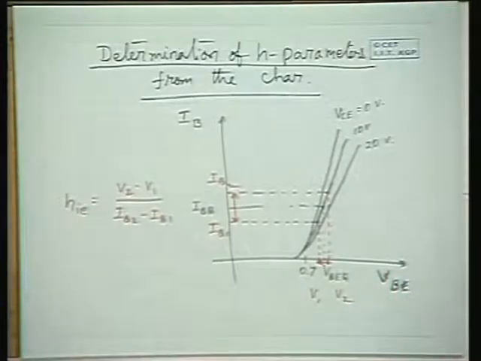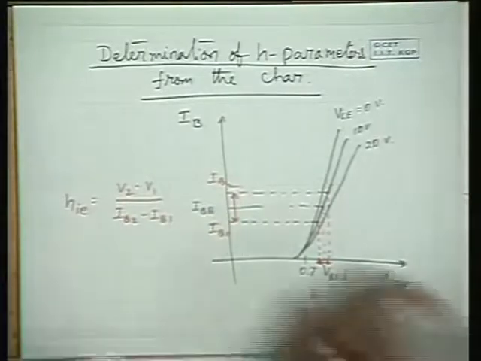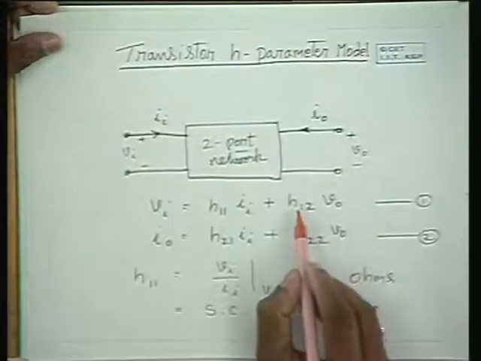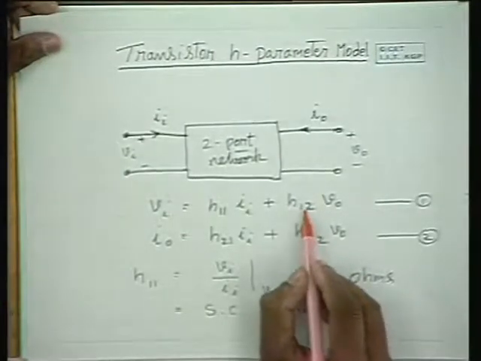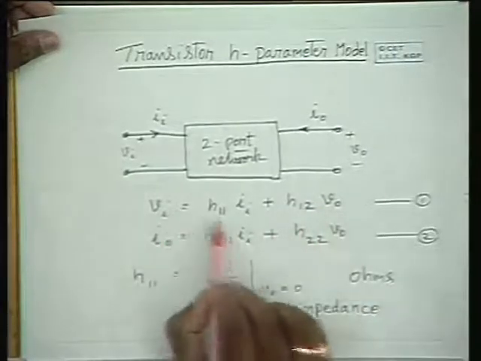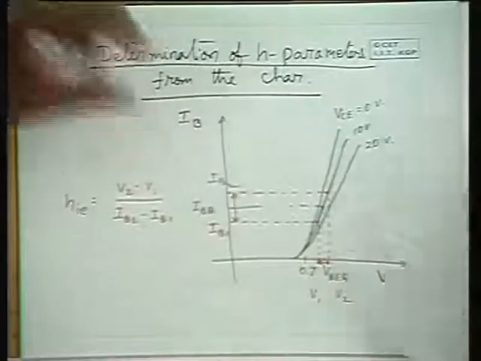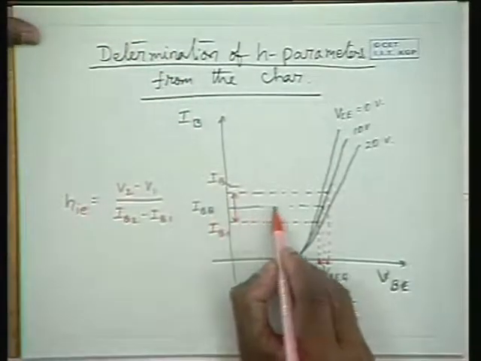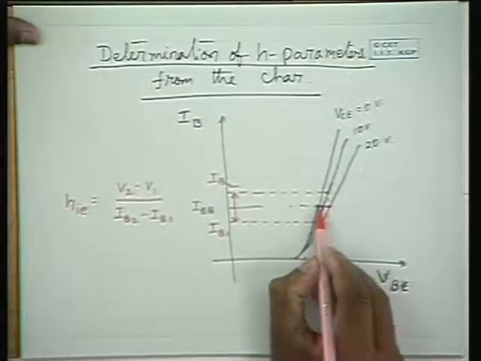Now how do you get the other parameter, HRE? It is the input voltage to output voltage ratio when the input current is 0. When the input AC current is 0, it means the input is maintained at the quiescent value itself.